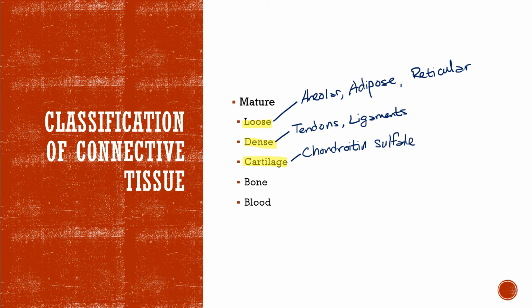Now, chondroitin sulfate is a gel-like component of the ground substance. Now, cartilage can endure considerably more stress than loose and dense connective tissue, and this is due to the collagen fibers and also the chondroitin sulfate, which adds a lot of resilience.